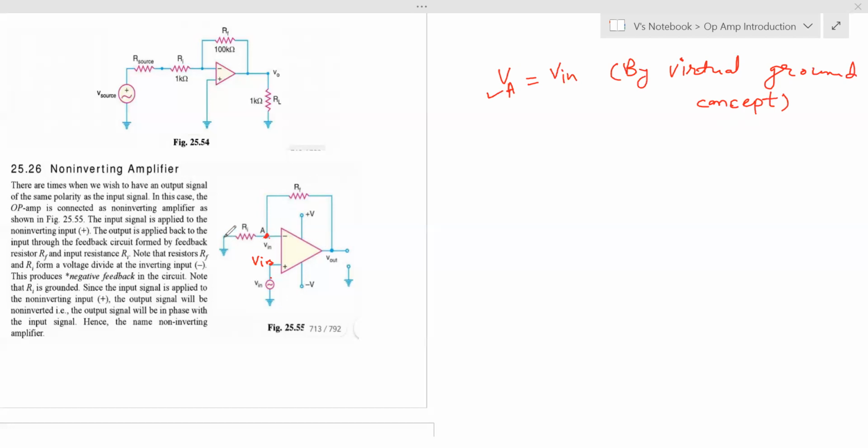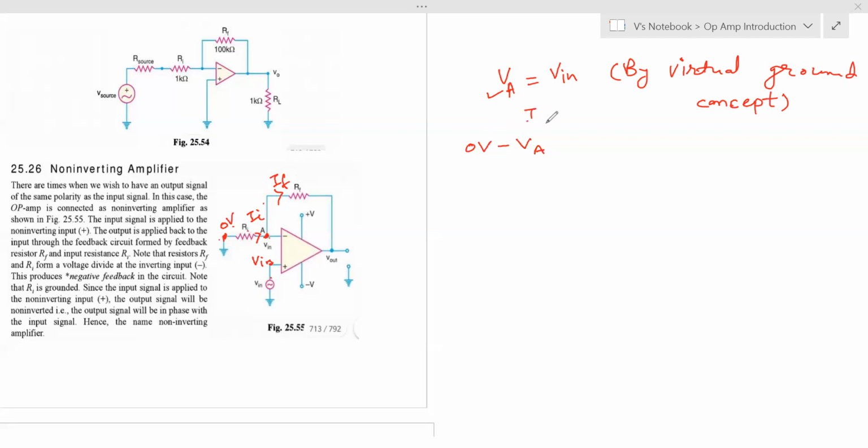So what is the voltage here at this point? It is connected to the ground line, that is the zero line. Negative of the power supply is connected to 0 volt. So here we are getting 0 volt. So 0 volt minus VA will be the potential across this RI, right? So see the current flowing through this input resistor, II.